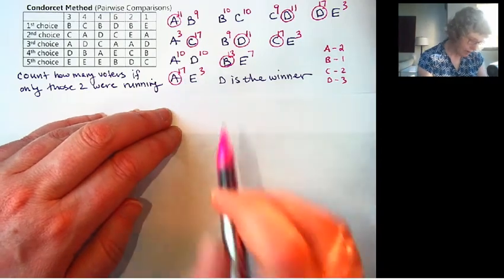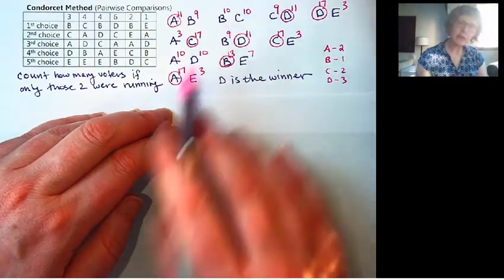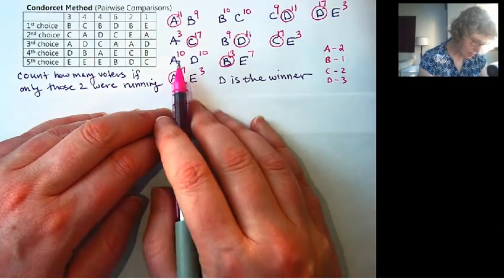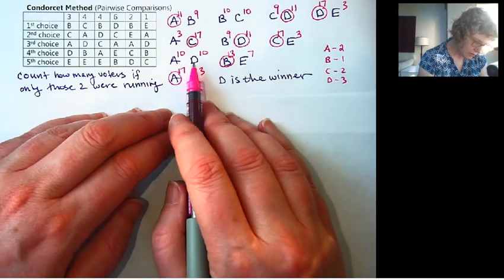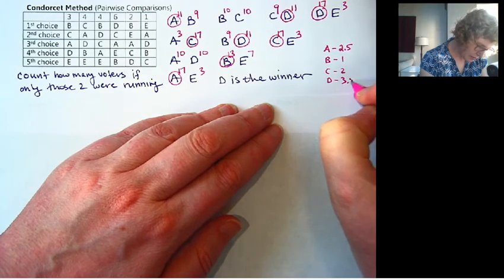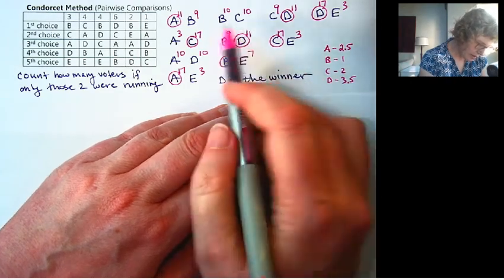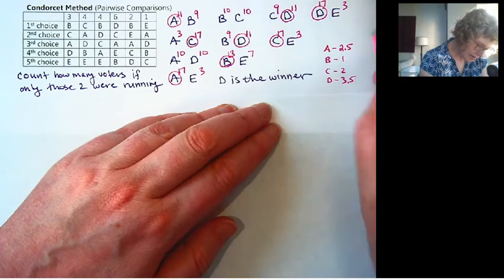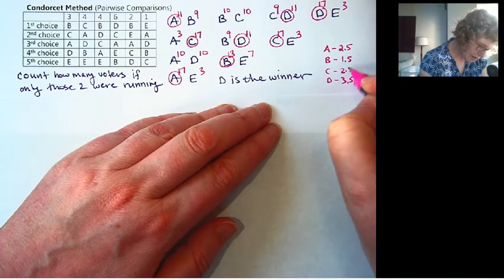Some methods do that. So in this case the ties didn't influence our winner, but sometimes they might. So A and D would each get half a point. So let's make that 2.5 and 3.5. And then our other tie was B and C. Oh, everyone got a 0.5.